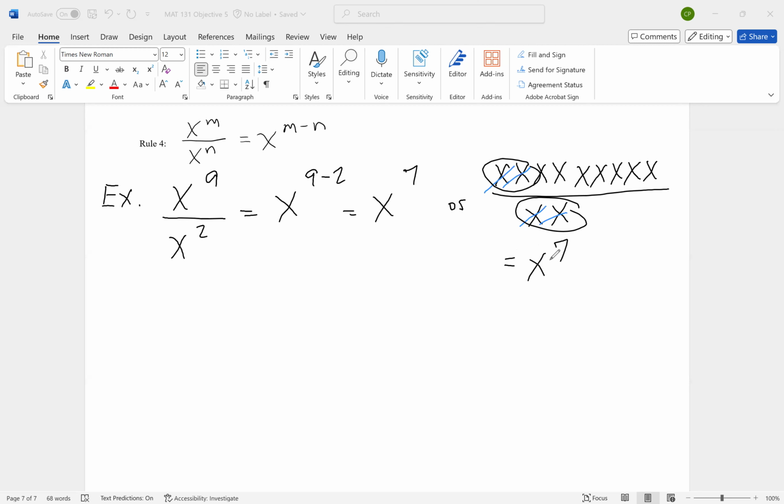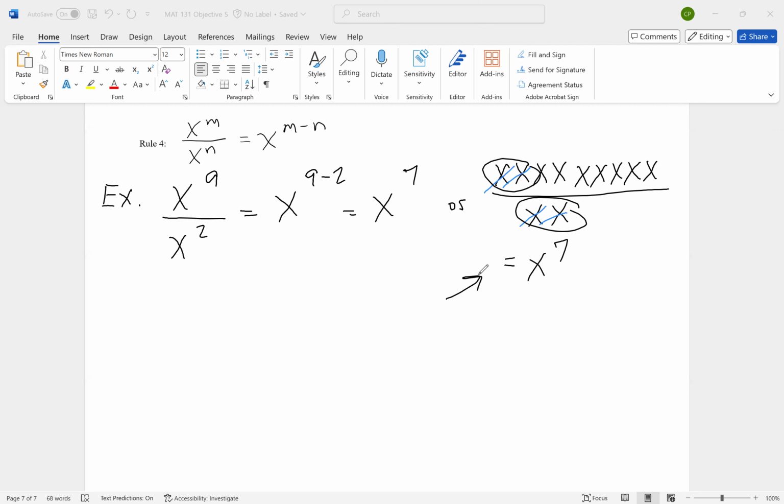Okay? So in some situations, it's easier to think about rule number 4 like this. Some of you will always look at it and think about subtracting the exponents.